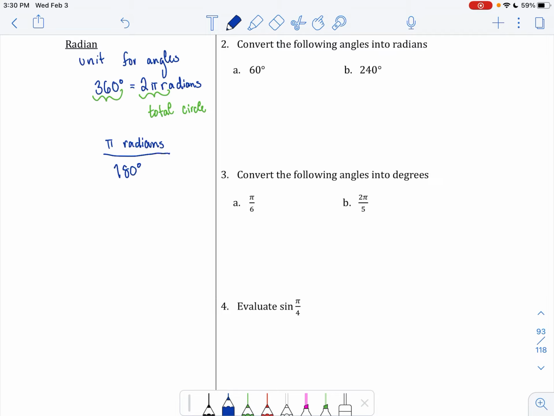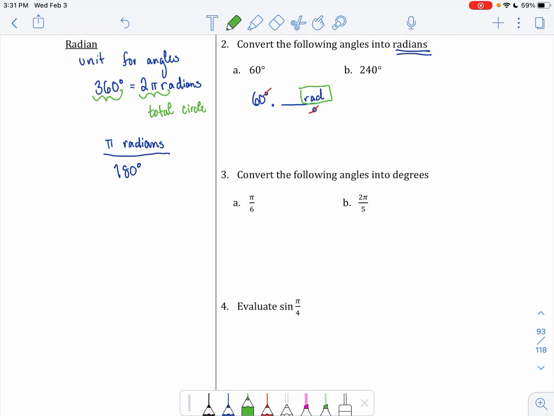So I will often for this use stoichiometry, meaning that I will say, all right, I have 60 degrees here, and I want to multiply that by a conversion fraction. I'm going to have degrees in the denominator so that the degrees cancel out, and then radians in the numerator because that's what I want it to actually turn into, and that's going to be the unit I'm left with.